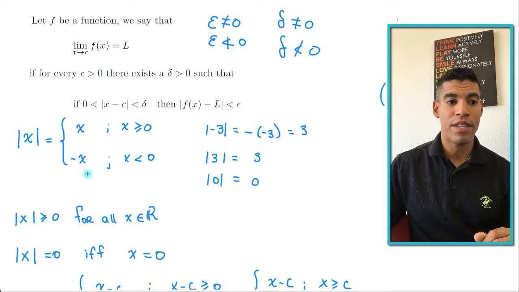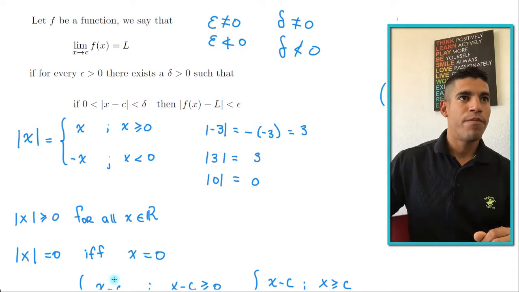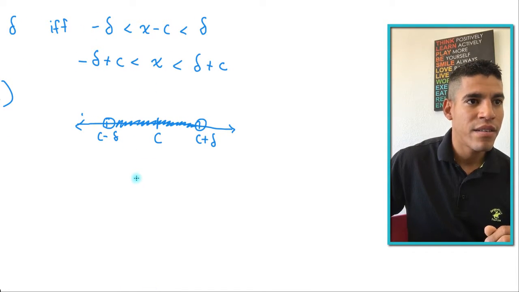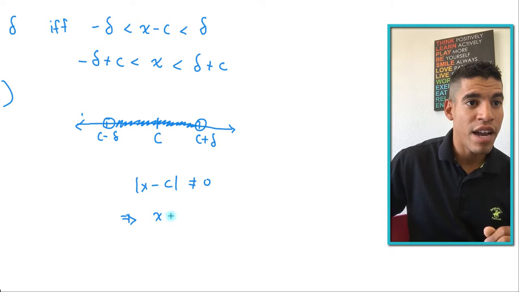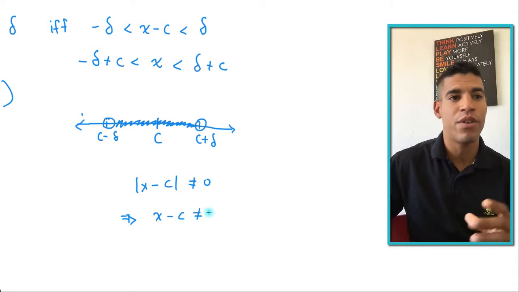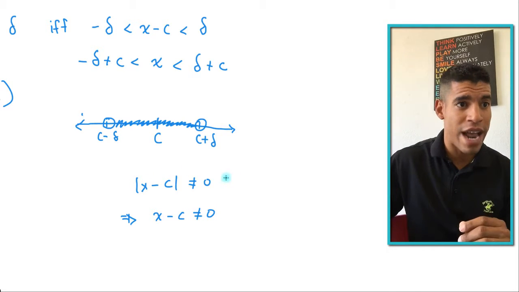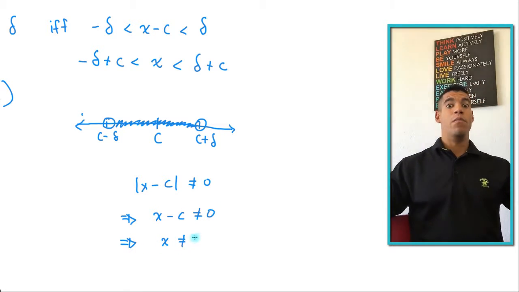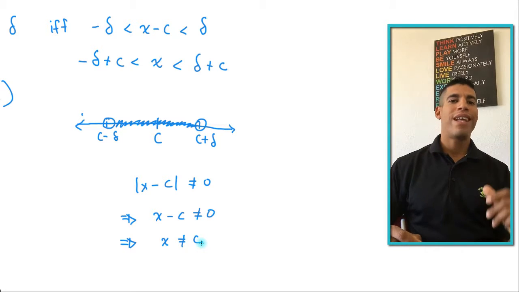Okay, that's very important. Therefore, x minus c is not equal to 0, and therefore x is not equal to c. Boom. What does that mean?